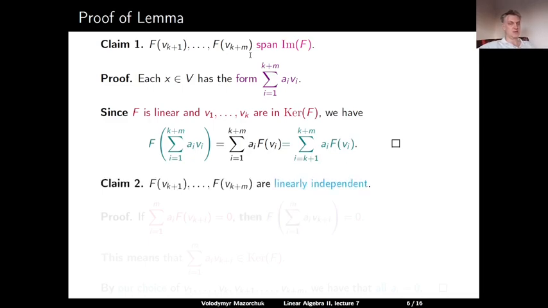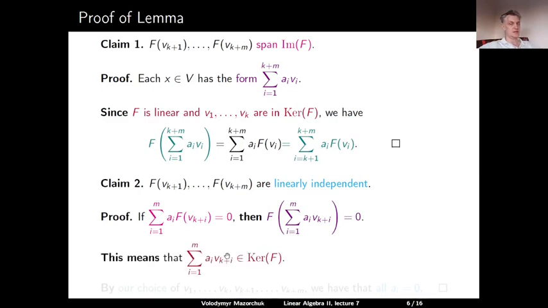And the second part of the lemma is that these elements f of vk plus 1 and so on f of vk plus m are linearly independent. Indeed, assume that we have some linear combination of these elements which is equal to 0. Using the linearity of f, we can write this in the following form, that f applied to the sum over all i from 1 to m, ai times vk plus i is equal to 0.